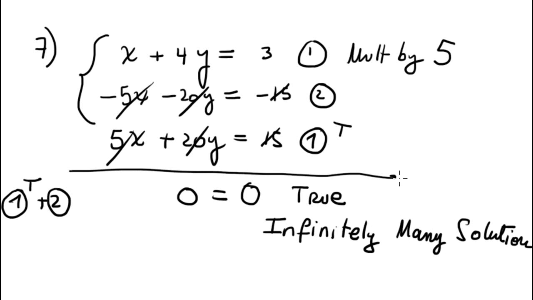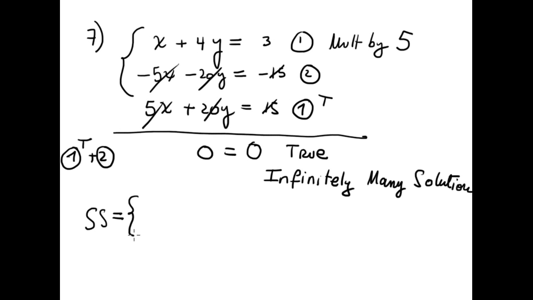Okay, to write then the solution set. Basically the solution set is all the ordered points x, y that satisfy either equation, both equations, because by the way they are the same, they are dependent equations.